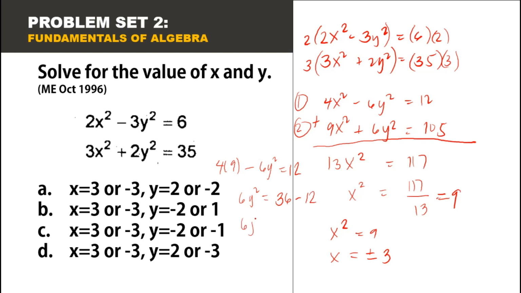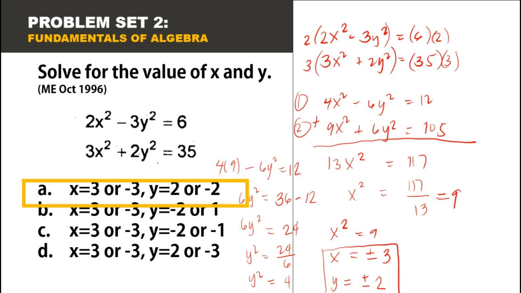We have 6y squared equal to 24. So y squared equals 24 over 6, so y squared equals 4. Therefore, y is equal to plus or minus 2. We have x as positive or negative 3 and y as positive or negative 2. So that is letter A.